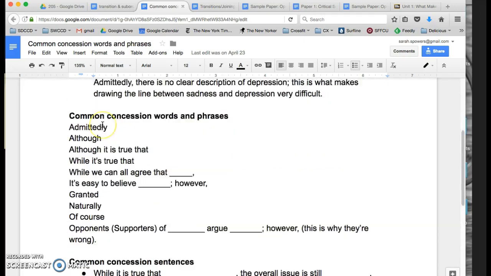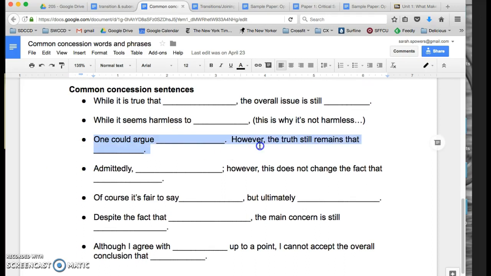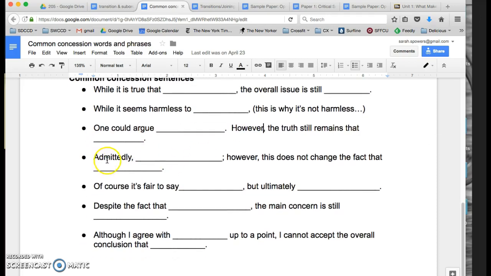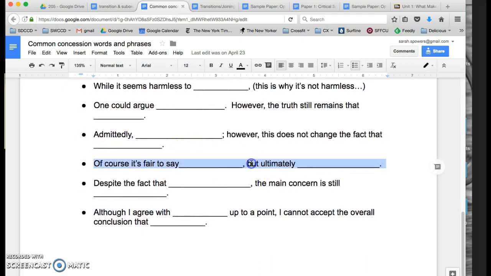Okay, so with concessions, they can be with a subordinator sometimes. They can be just as with a transition, okay, full sentence, transition word. Sometimes it can even be kind of a mixture of both, and even coordinators, a comma but, right?